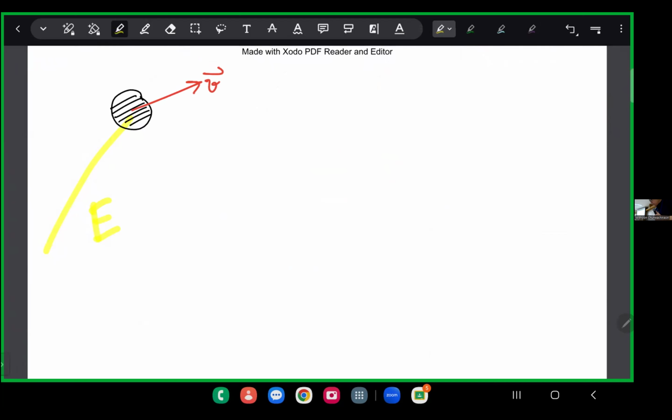Now let's contrast this to another molecule. Let me upgrade this into a diatomic molecule. And let's say I give this molecule the same amount of energy. What should these diatomic molecules do now? Well, it has to move, doesn't matter. But now it has some internal structure. With me, guys?